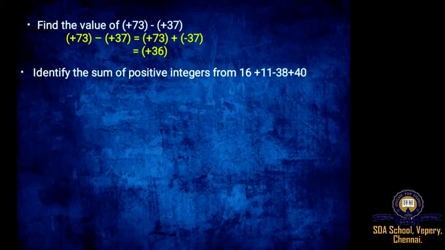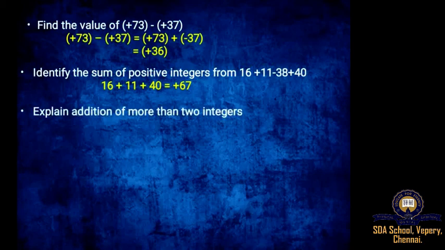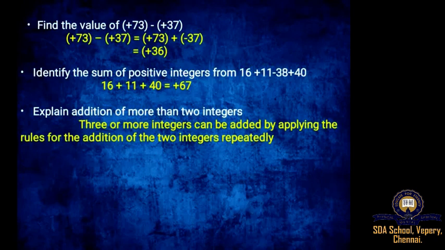Identify the sum of positive integers from 16 plus 11 minus 38 plus 40. Yes, so the sum of positive integers is equal to plus 67. Explain addition of more than 2 integers. Yes, 3 or more integers can be added by applying the rules for the addition of the 2 integers repeatedly.